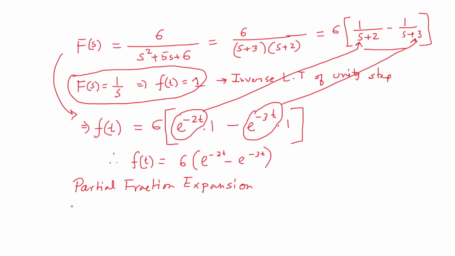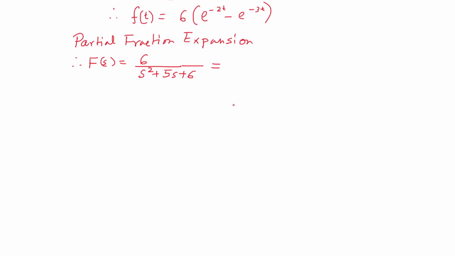So if Fs is this, Fs is 6 by s square plus 5s plus 6, which is equal to 6 by s plus 3 into s plus 2.